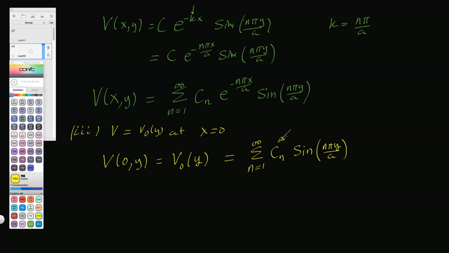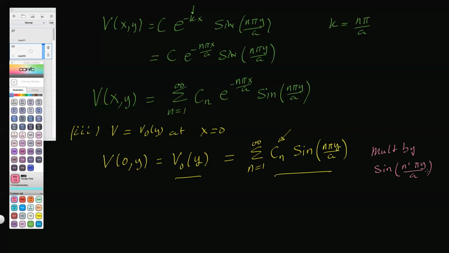What you can do is multiply both sides of the equation by sine of n prime pi y over a, and then integrate. We're finding the appropriate c_n, right?